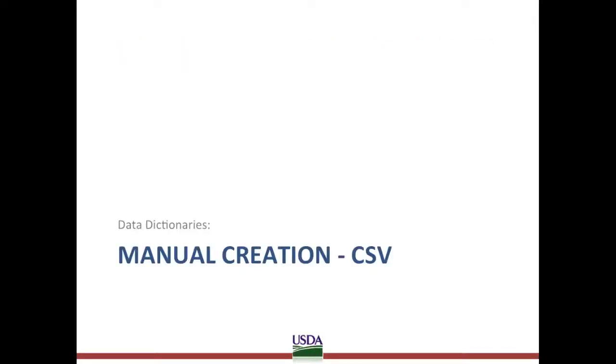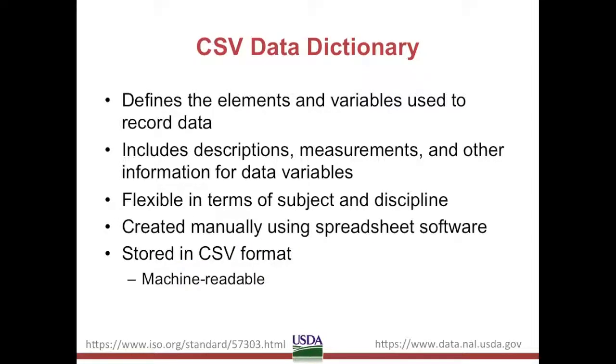First up, creating a manual data dictionary. If you're creating a data dictionary manually outside of a particular metadata template, CSV is likely the format you will want to use. CSV is non-proprietary and machine-readable, making it an ideal choice. The document you create should define the elements and variables used to record data, and include descriptions, measurements, and other information for data variables.